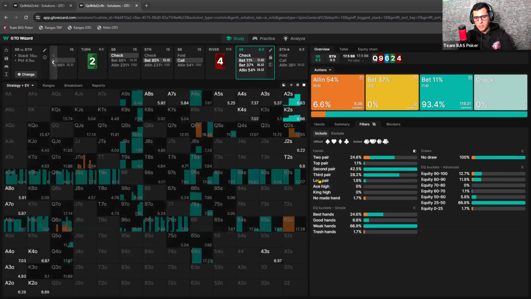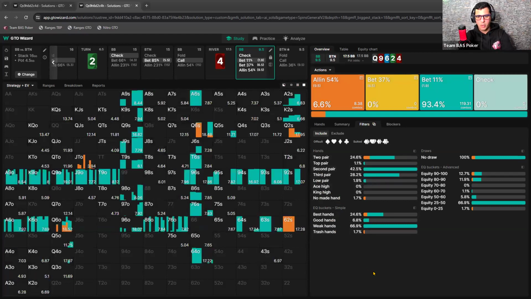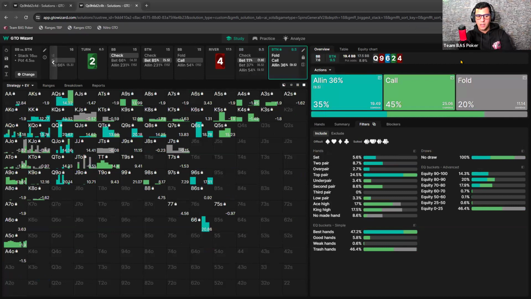So using all low pair, all third pair, all second pair as a block bet is the strategy that he is picking. And again, this is against 35% raises, 45% call, and only 20% folding frequency. And we saw that even regulars are doing more than that, and that's why you should not be afraid of using block bets.